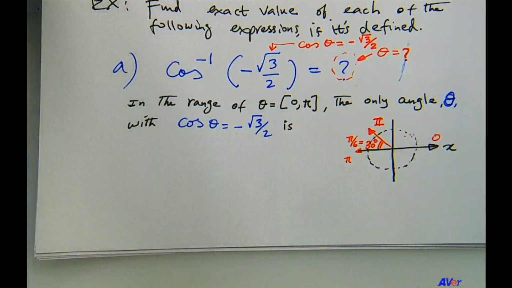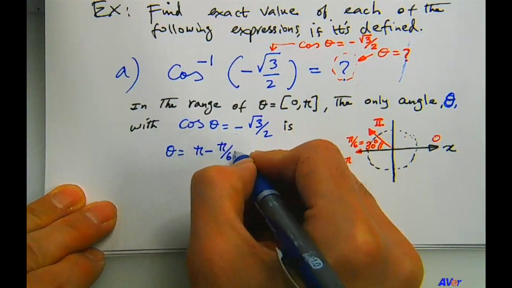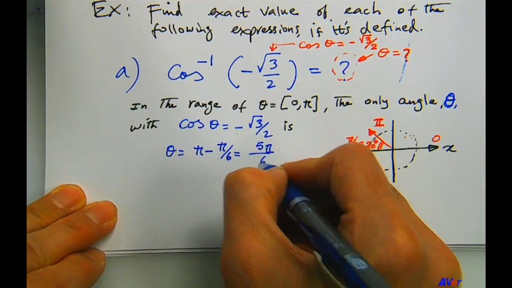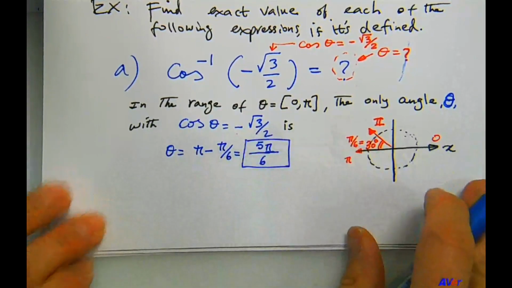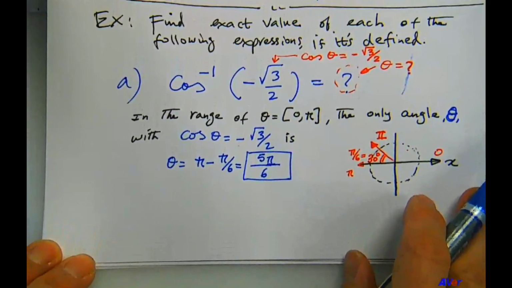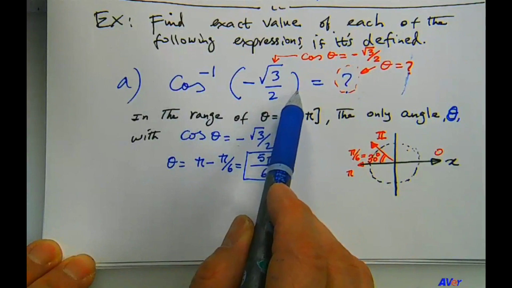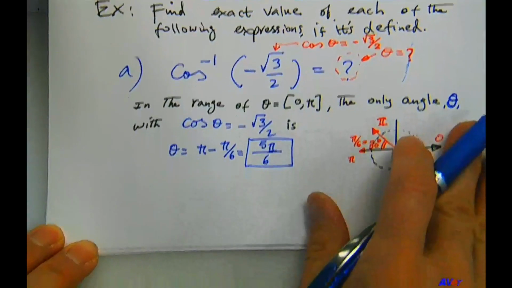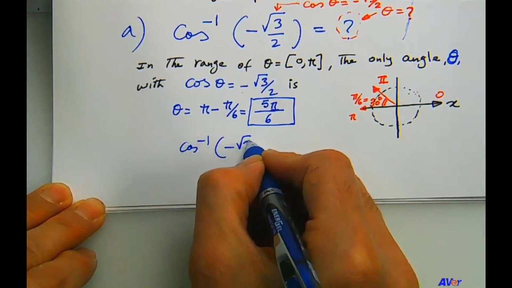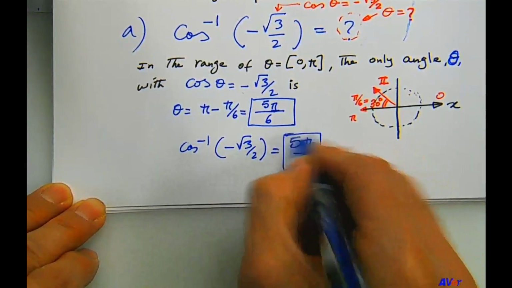So theta would be pi minus pi over 6, and of course this is equal to 5 pi over 6. That angle is between 0 and pi, and is the result for this inverse cosine equation. So you can either leave the answer like that, or you can write inverse cosine of negative square root of 3 over 2 is equal to 5 pi over 6. Either way, it's fine.